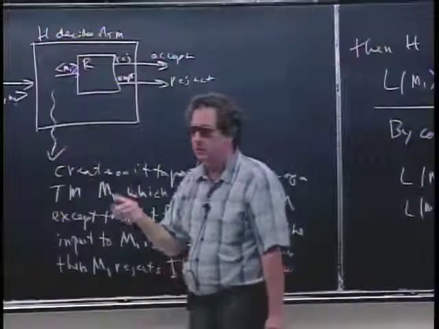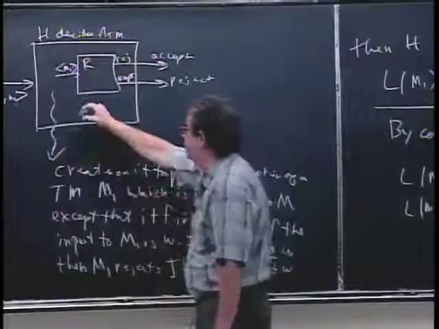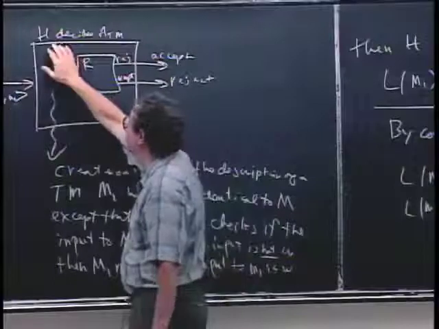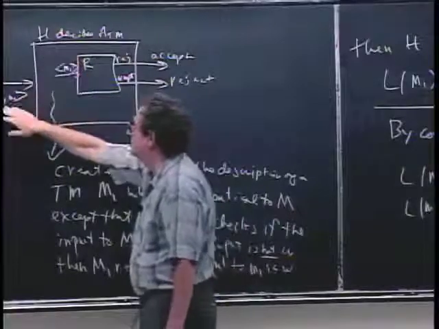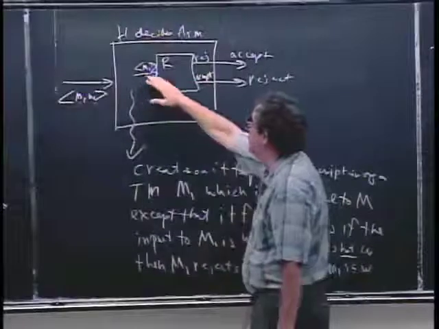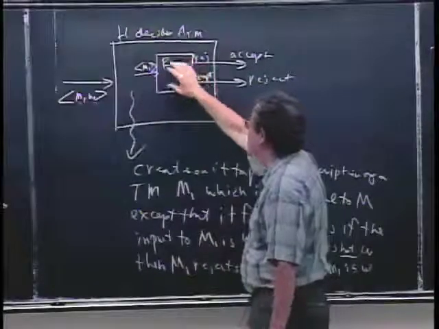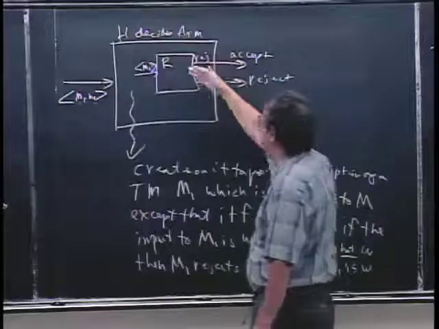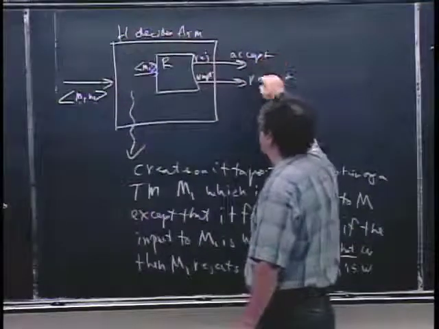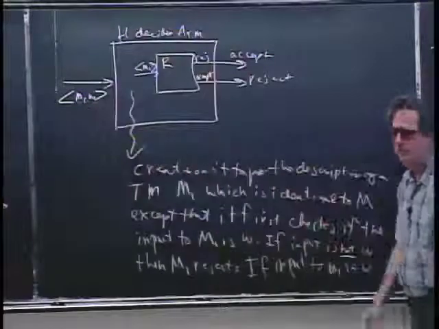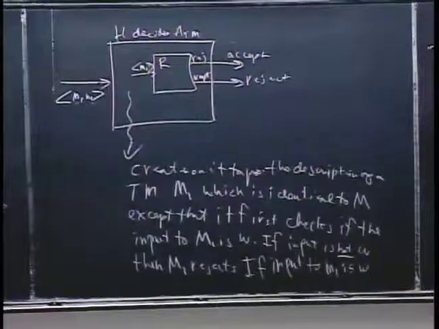And so it's kind of a recoding. How do you massage the input MW? How does some Turing machine H deal with MW to create another Turing machine M1 so that when R looks at M1, what it decides, reject or accept, can be used to accept or reject that input? There's always these little puzzles. Okay.